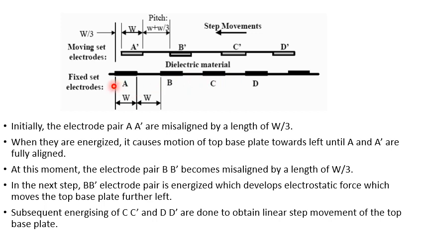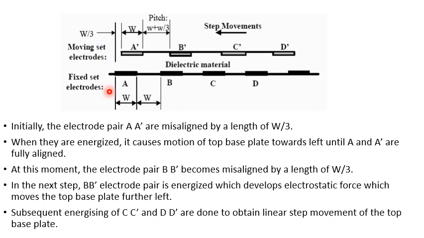Each electrode has a length of W. Initially the two sets of base plates are misaligned by W by 3.